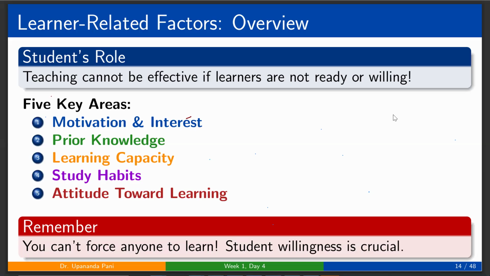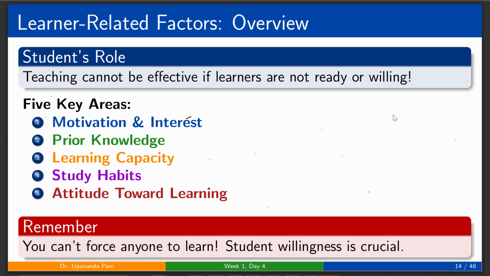So 5 key areas again here: motivation and interest, prior knowledge, learning capacity, study habits, and attitude toward learning.